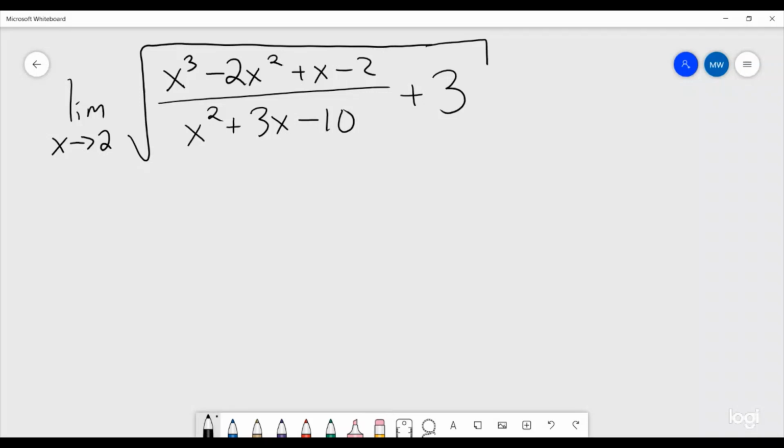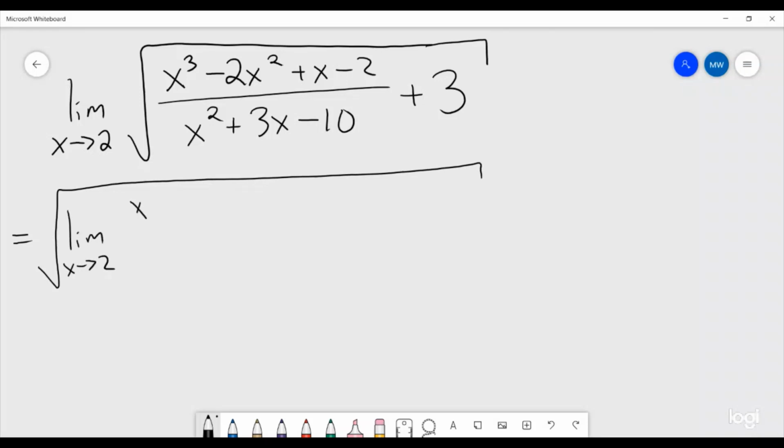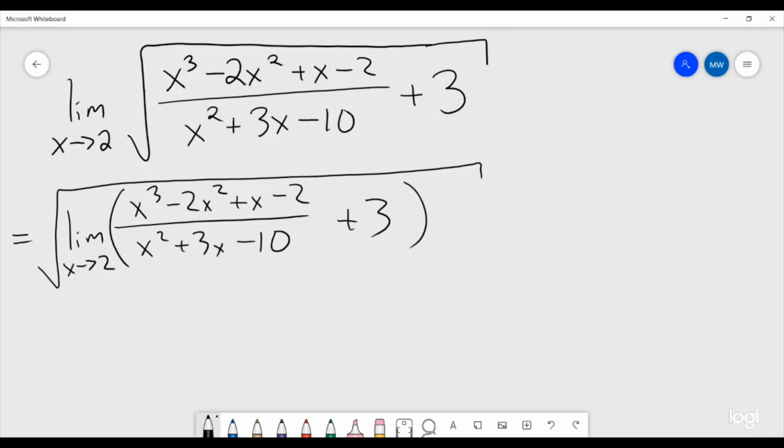So let's try and break this down to figure out how we could approach this and still find an answer. The first thing we could do is say this is equal to the square root of the limit as x goes to 2 of x cubed minus 2x squared plus x minus 2 all over x squared plus 3x minus 10, plus 3. The limit of a square root is equal to the square root of the limit.